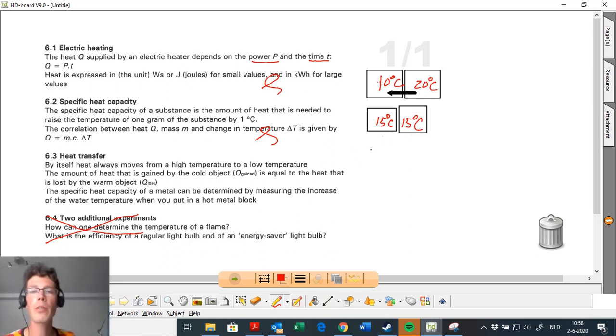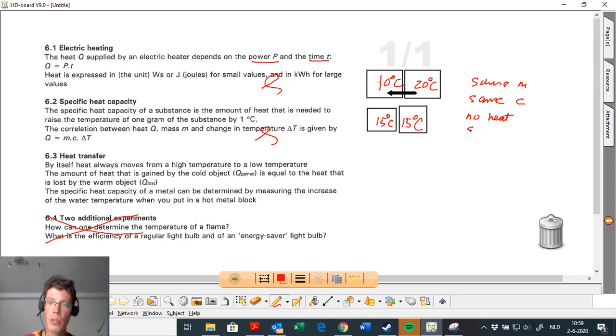Now this works because I've assumed that these are two blocks of the same mass and the same material, so they have the same heat capacity and there's no heat going to the surroundings.